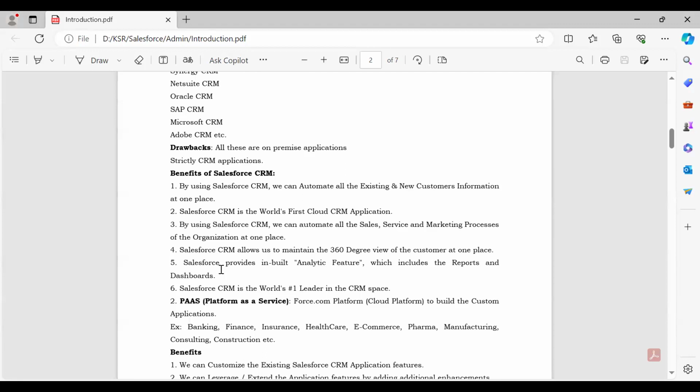Similarly, every week, I want to get my sales related data. Every month, I want to get my sales related data. That means we can generate daily reports, weekly reports, monthly reports also based on our requirement. We can generate these reports and we can analyze the data. Not only storing the data, we can analyze the data also by generating the reports.